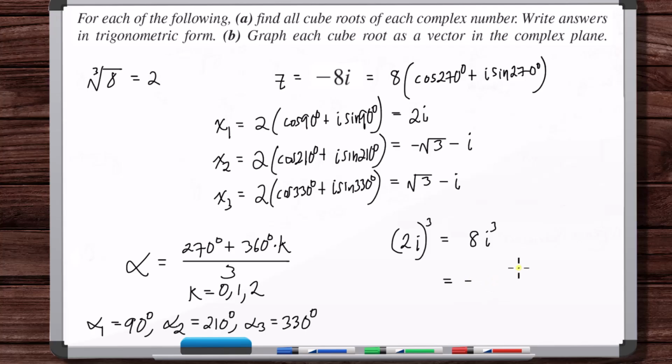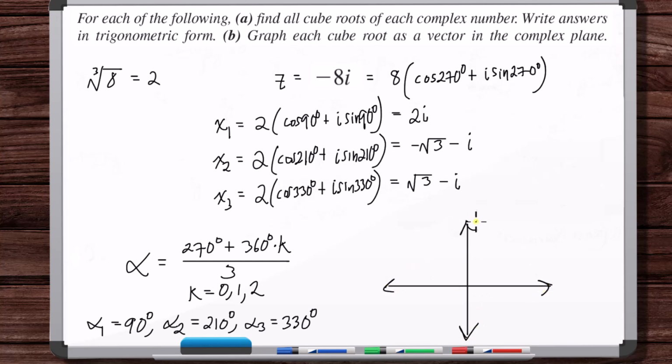There we go. All right, now if we plot these in the complex plane, you've got real, imaginary. In the complex plane, they've all got the same radius.